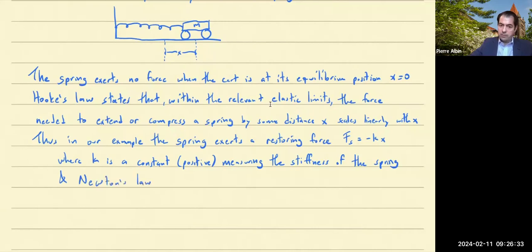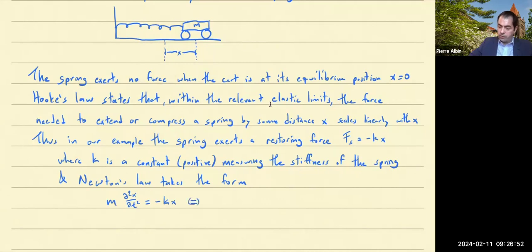And Newton's law takes the form, so mass times acceleration is equal to the force, minus kx, right?